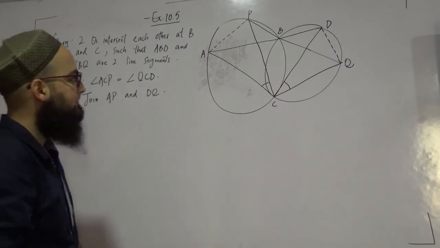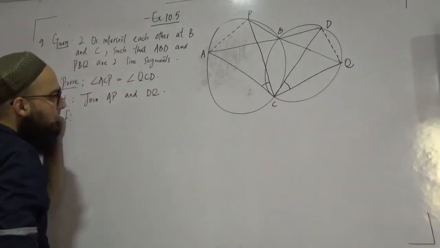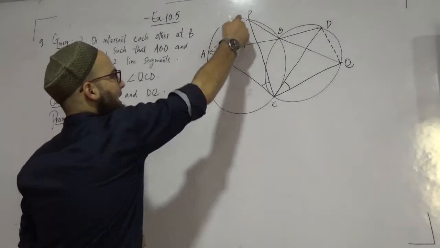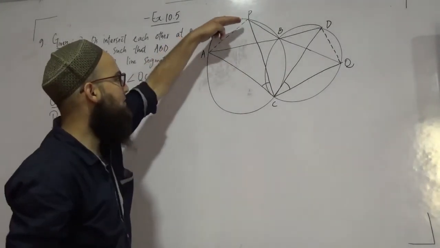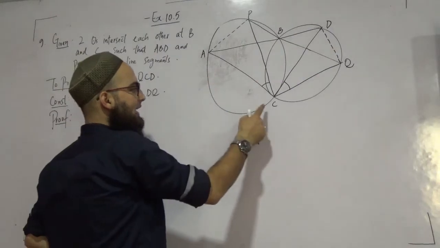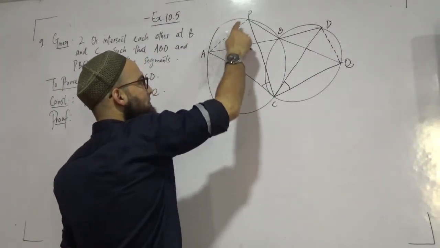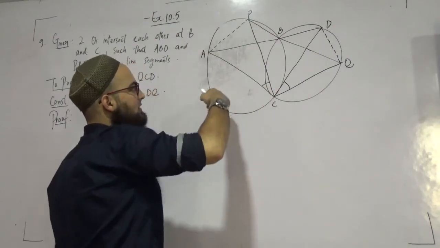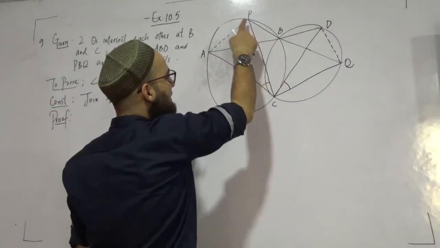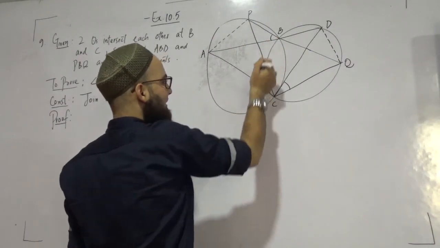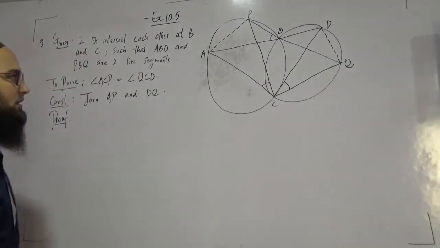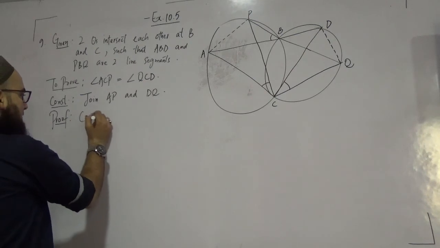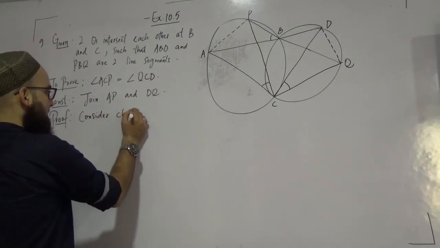Now let's see. For chord AP, what you observe is that the angle subtended by AP is angle ACP, and also the angle subtended by AP on the arc of the bigger circle is ABP. So this angle is equal to this angle. Got it? Consider chord AP.